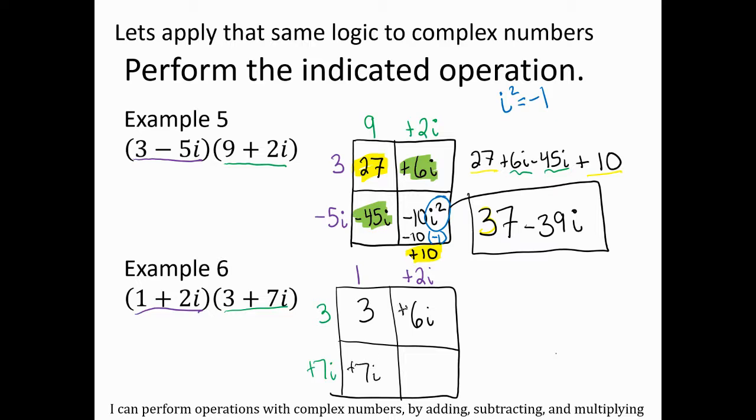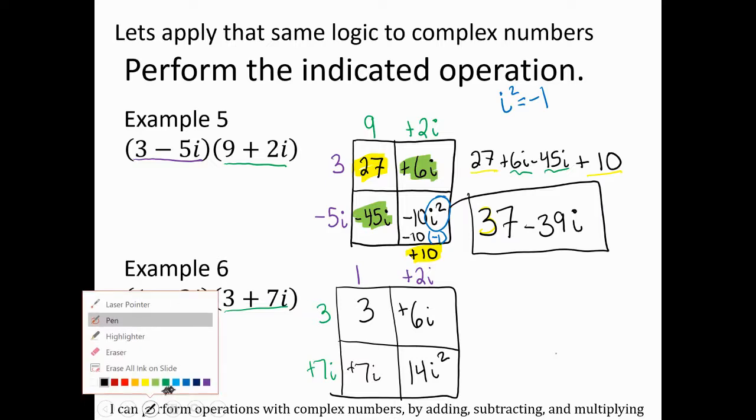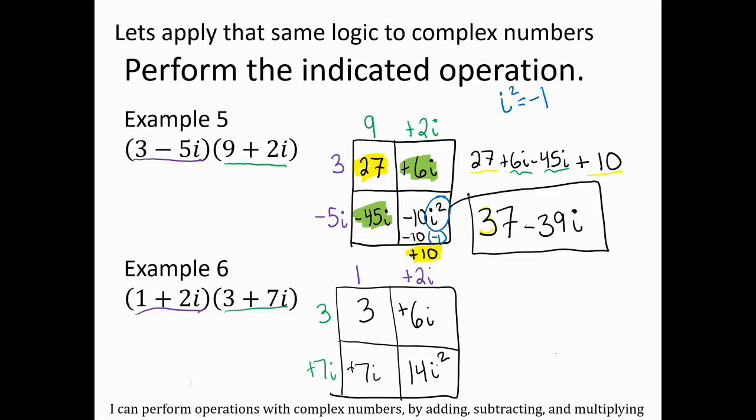Sorry, I forgot the positive here. 7i times 2i is going to be 14i squared. And remember, we know anytime we have an i squared, that changes the sign. So this is actually going to be negative 14, because 14 times negative 1 is negative 14.